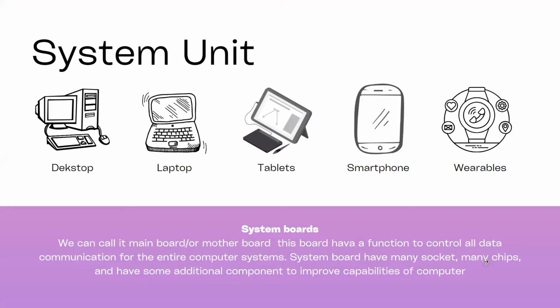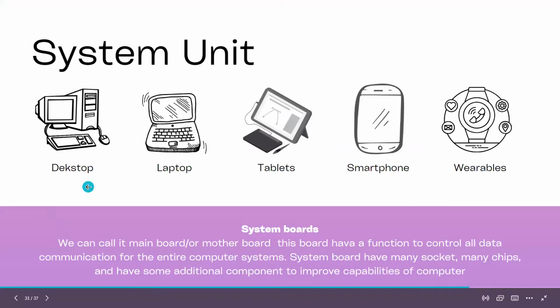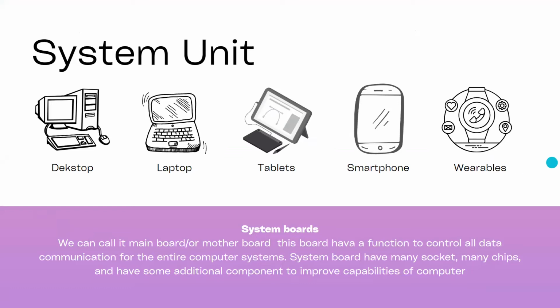The system board, we can call it main board or motherboard. This board has a function to control all data communication for the entire computer system. And the system board has many sockets, many chips, and some additional components to improve the capabilities of the computer.